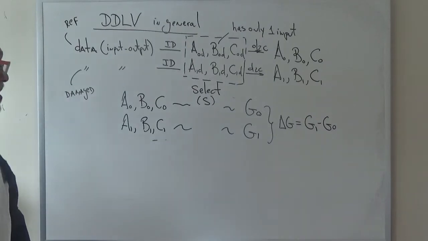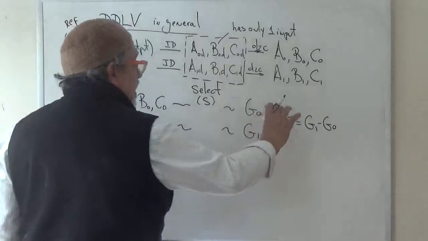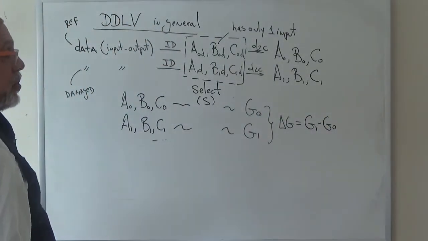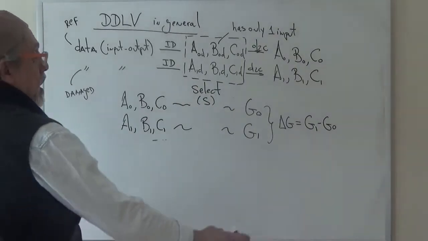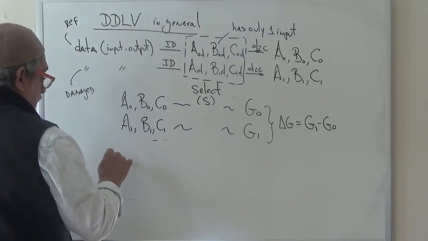Once you have the change in the transfer matrix, if everything is correct, then that delta G is rank deficient, assuming that the damage is not more than the number of sensors, the rank of delta K. And then this delta G has a singular value decomposition.